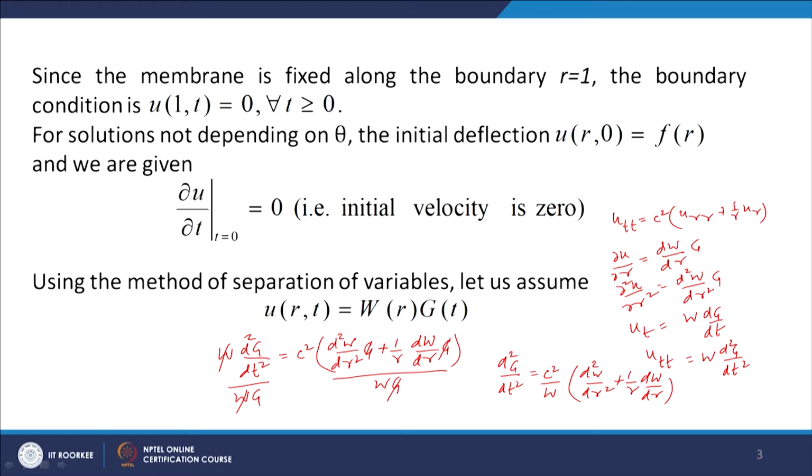So we can write c square by G into d square G by dt square... that is, 1 by c square times 1 by G d square G by dt square equal to 1 by W times (d square W over dr square plus 1 by r dW by dr).